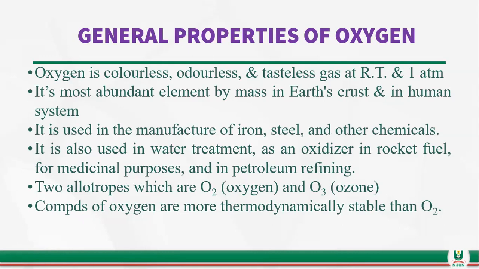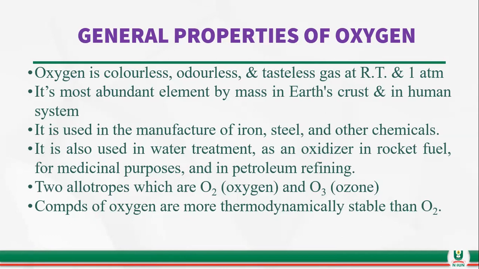When you are talking about magnetite, hematite, and all those bauxites, all those are oxides of these main group elements found in the earth's crust. Oxygen is very valuable for man because oxygenated and deoxygenated blood going out and returning is what actually refreshes life and keeps the red blood cells living. It is used in the manufacture of iron, steel, and other chemicals. It is also used in water treatment.